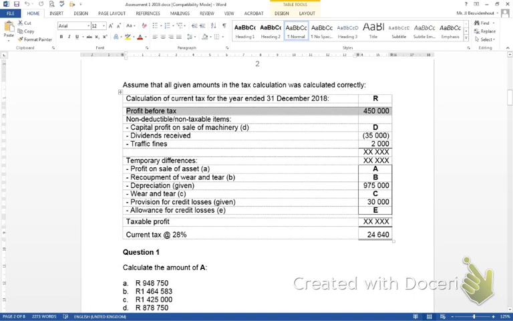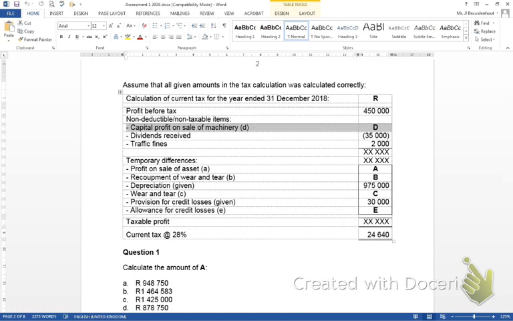So all that you have to do here in calculation number D is to bring in or take out, in this case, the non-taxable portion. Now we know that of that 70,000, 80% is taxable. So therefore, 20% is not taxable. What is 20% of 70,000?